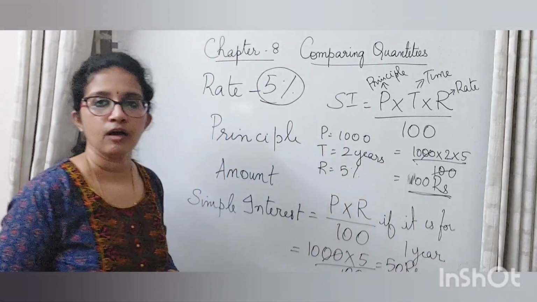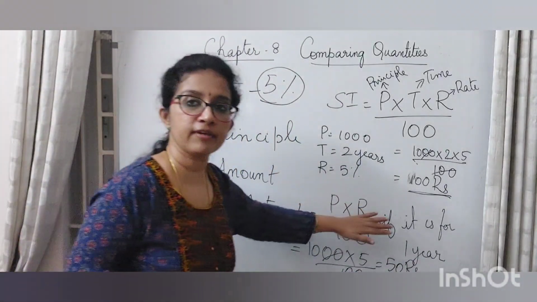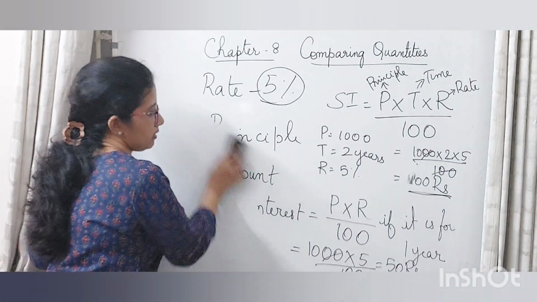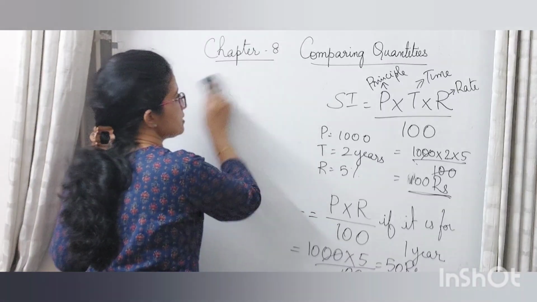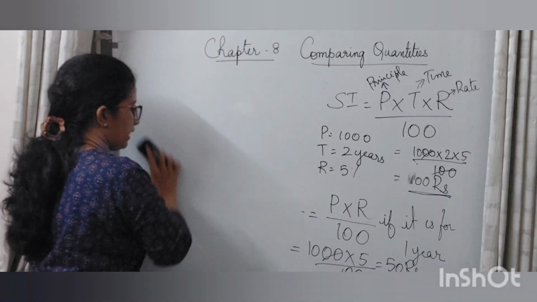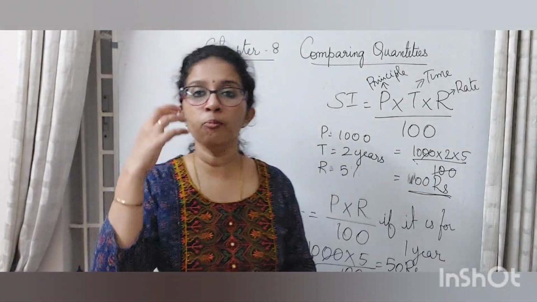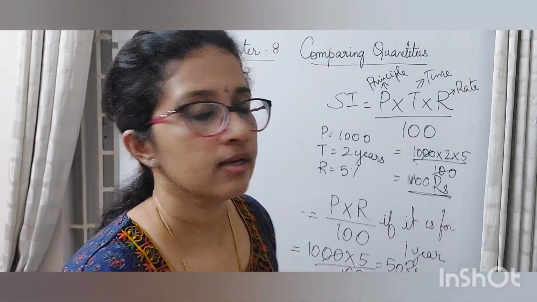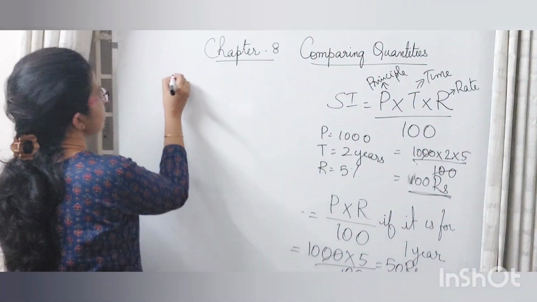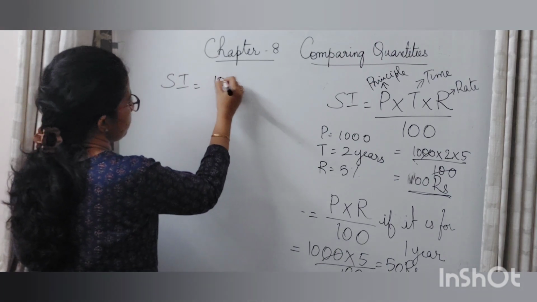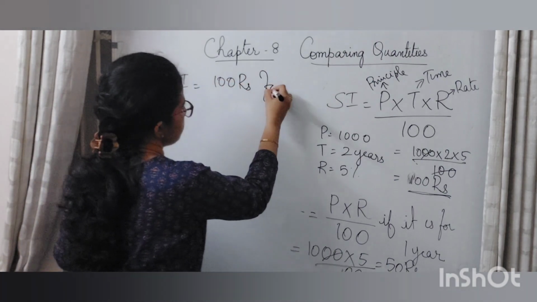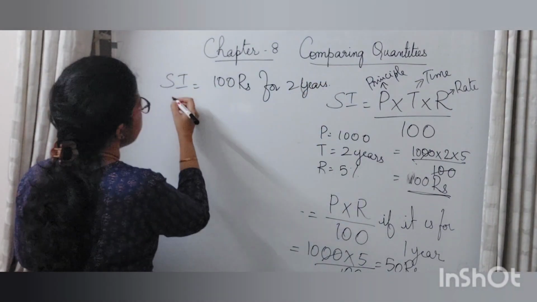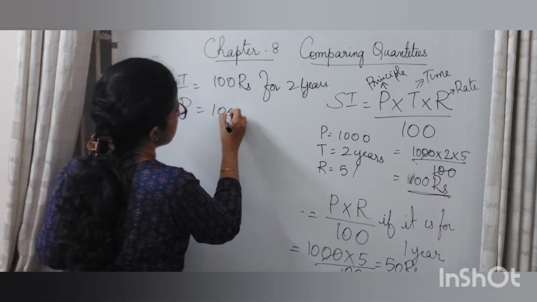Now how much will be returned? We have calculated the simple interest here. The question is, principal is 1000 rupees and the rate of interest is 5% for 2 years. How much amount do you have to return to the bank after 2 years? Now we have got the simple interest as 100 rupees for 2 years, and principal is equal to 1000 rupees.